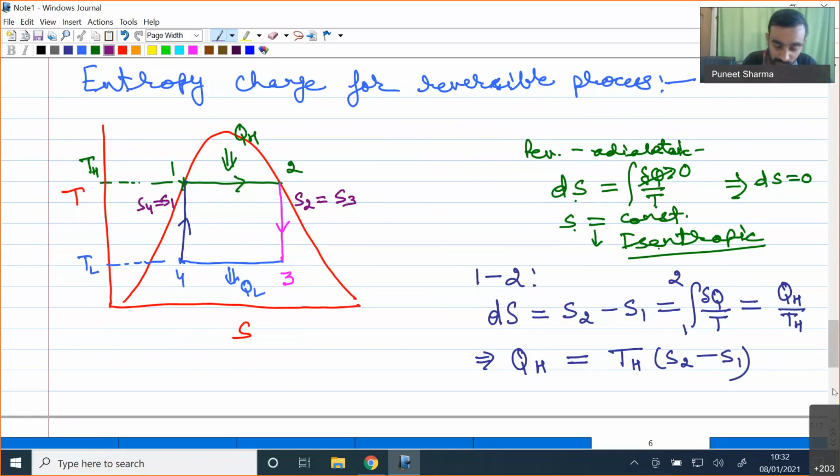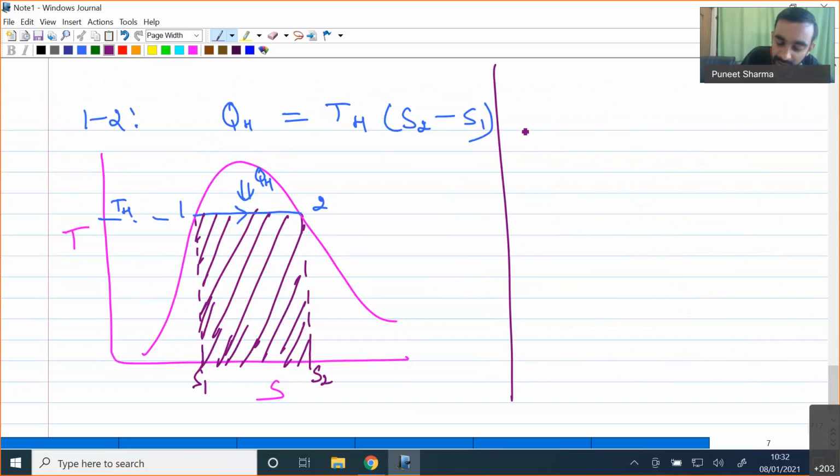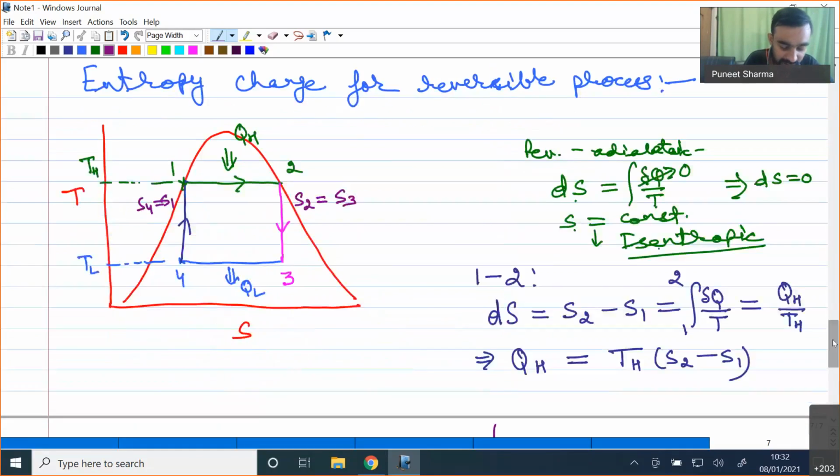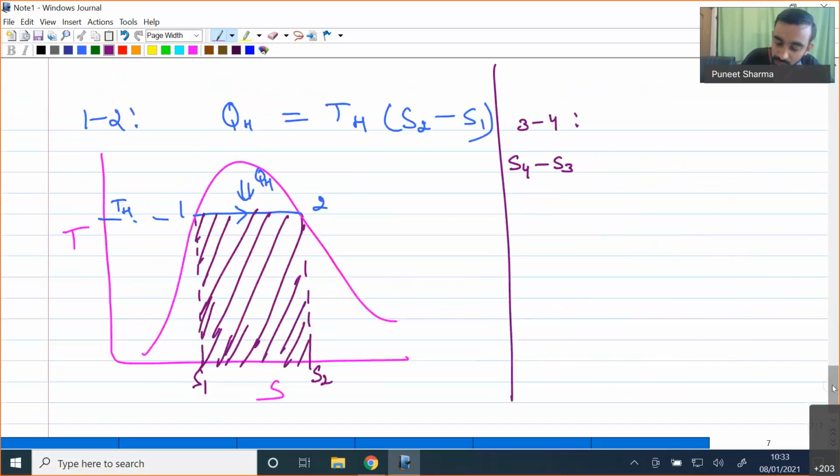So in case of 3 to 4, I can write that S4 minus S3 will be equal to integral del Q by T from 3 to 4.